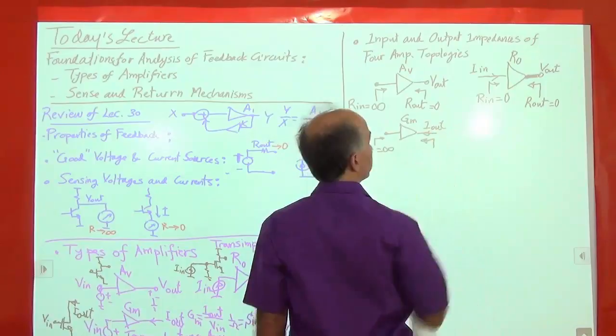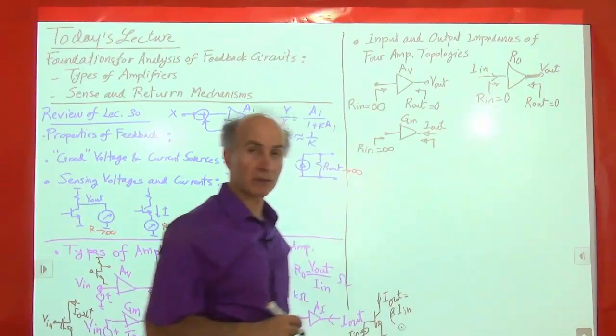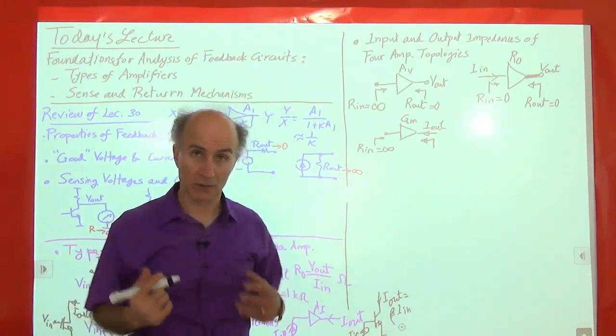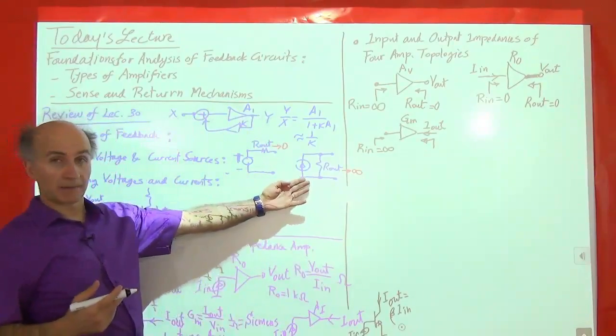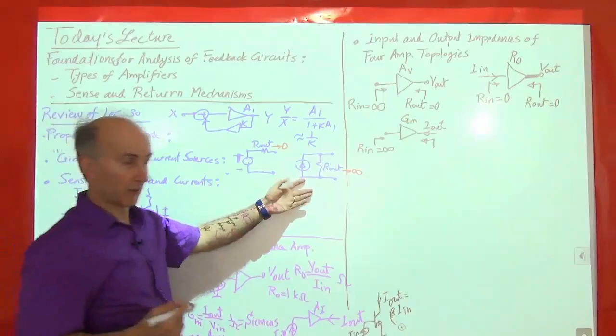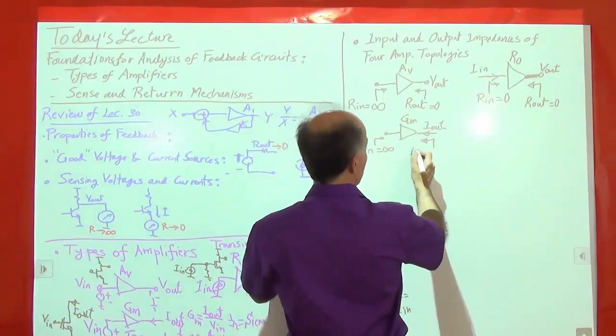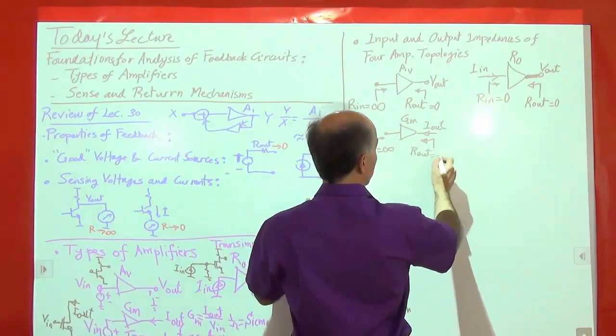Because we are delivering a current, if you want to deliver a current, you want to act as a good current source, right? If you want to act as a good current source, what should it be like? The output impedance should be infinite. So this output impedance should be infinite.